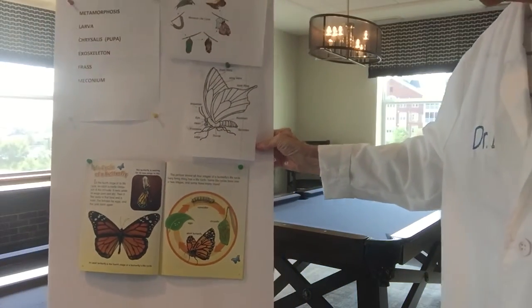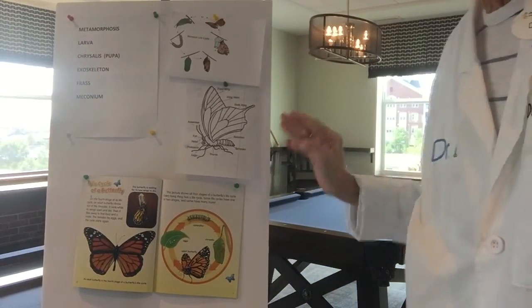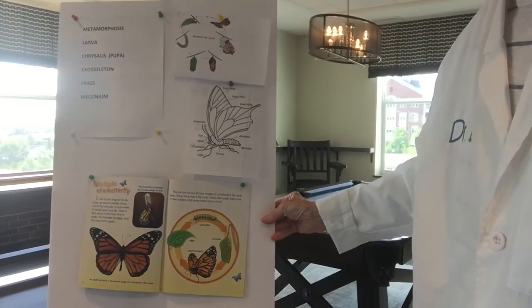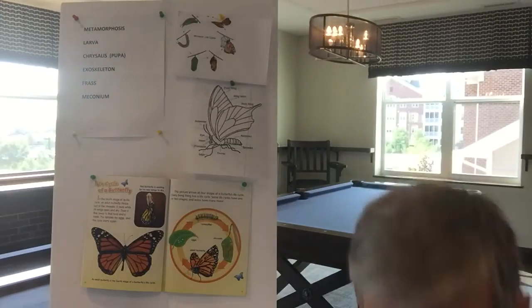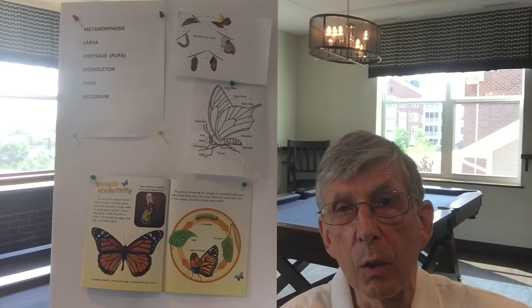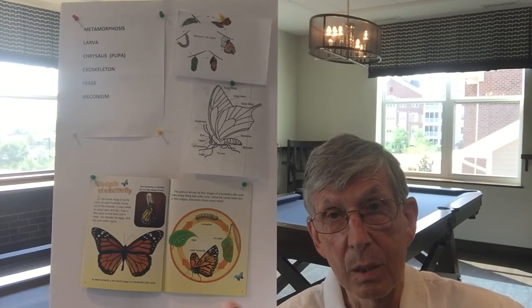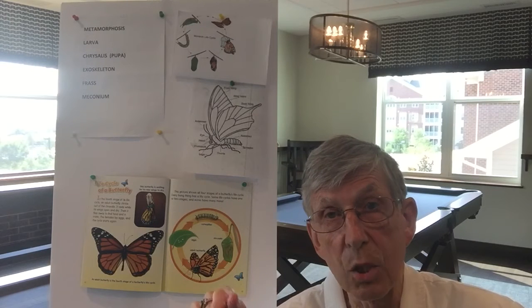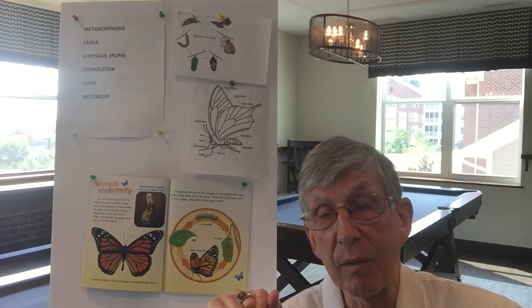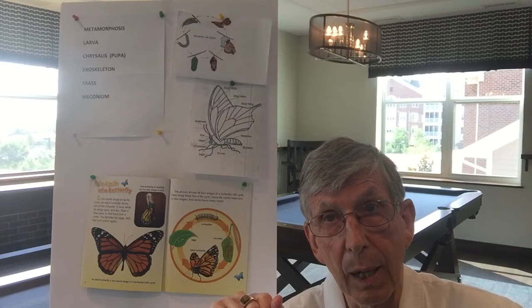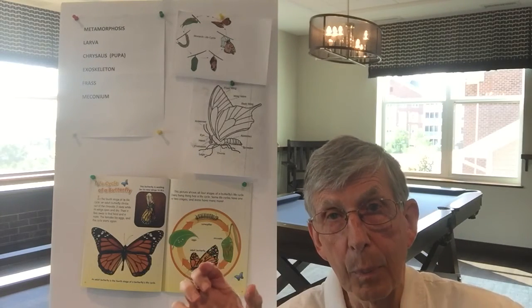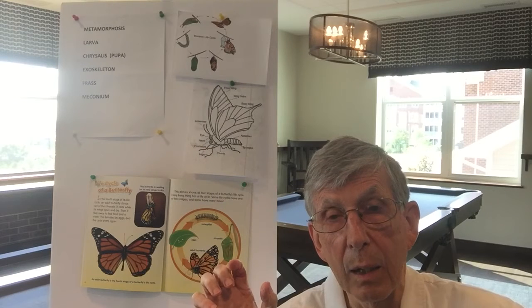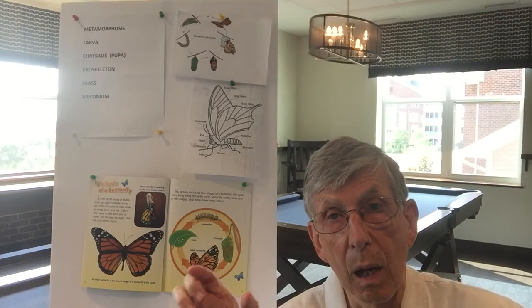So two good words to take home with you today and to share with your parents, and you can show them how much science you've learned. You've learned about metamorphosis, which is this great change that takes place in the life cycle of the butterfly. And you also learned that the caterpillar can also be called a larva.